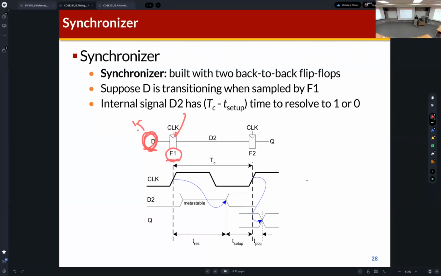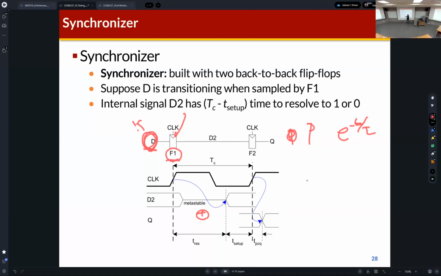But after some time, so this is the failure of metastability, the probability function looks like e to the minus T divided by tau. It means that after some time, this signal can be moved out from the metastable state. So after some time, the signal can be 1 or 0. But it's also a probability function.